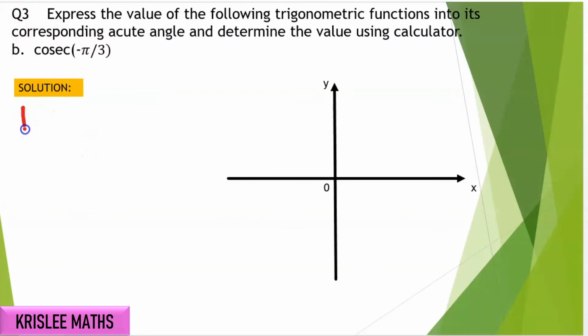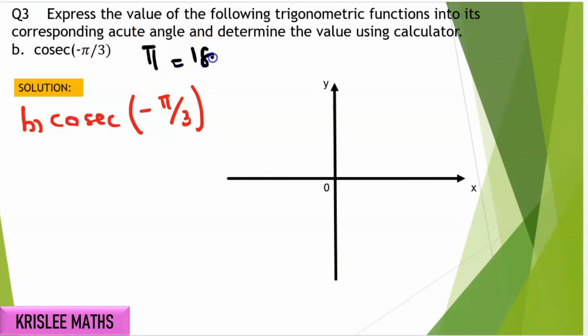Question B. Cosecant negative pi over 3. Remember, pi equals 180 degree. So here you can simplify this as negative 60.